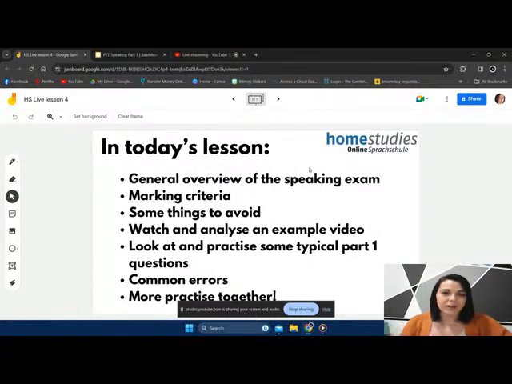So this is what we're looking at in today's lesson. First of all, a general overview of the speaking exam. We'll have a look at the marking criteria, in particular those parts that are relevant for part one, which is what we're focusing on today. And we'll look at some things to avoid, some things just not to do in the speaking exam in general.